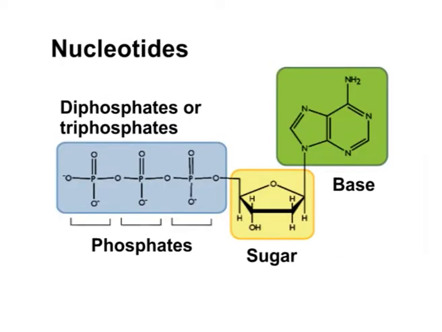Nucleotides also exist in activated forms containing 2 or 3 phosphates called nucleotide diphosphates or triphosphates. If the sugar in the nucleotide is deoxyribose, the nucleotide is called deoxynucleotide, and if the sugar is ribose, the term ribonucleotide is used. There are 5 common bases and 4 are generally represented in either DNA or RNA.